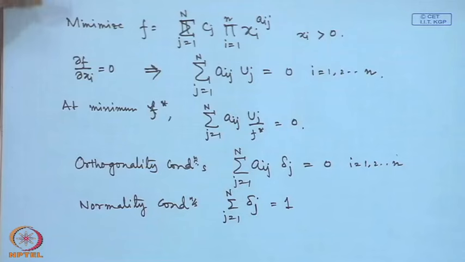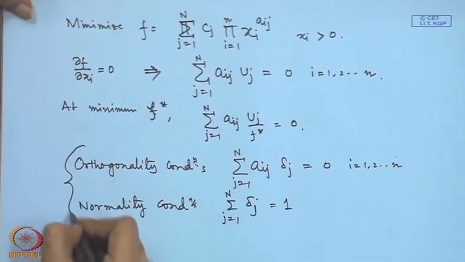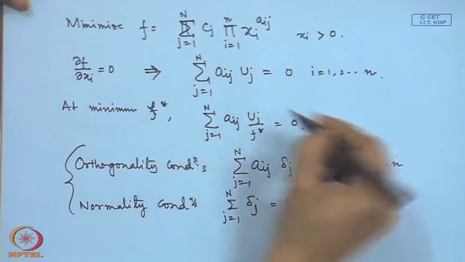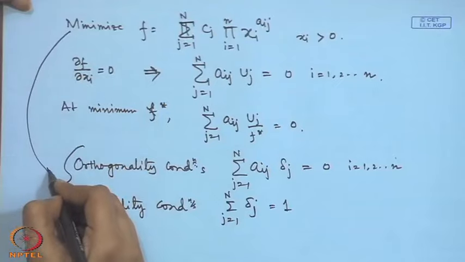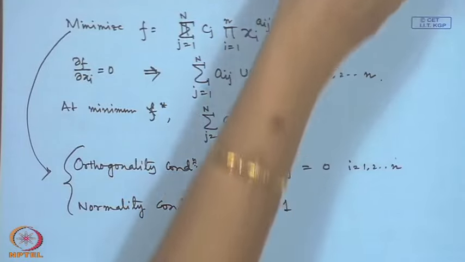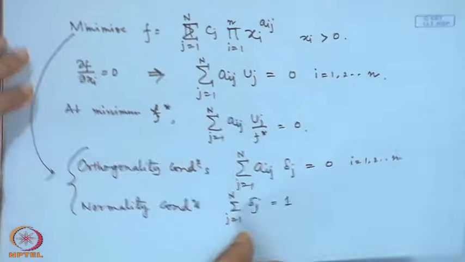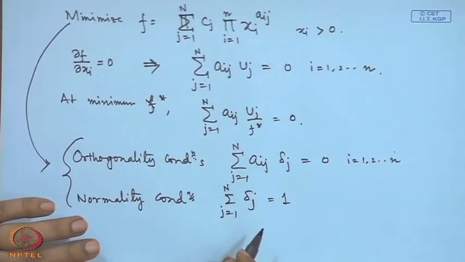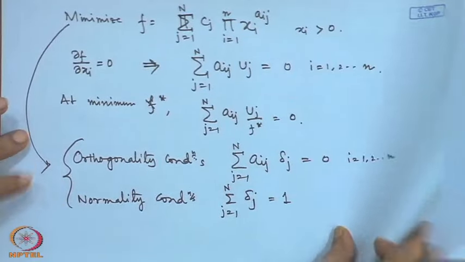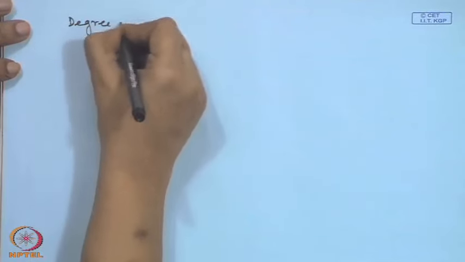Thus, for any geometric programming problem, first of all, after these considerations, we will just formulate these orthogonality condition and normality condition. Once we are getting that, we can calculate the values for delta j's. Here the thing is that we need to calculate the degree of difficulty.